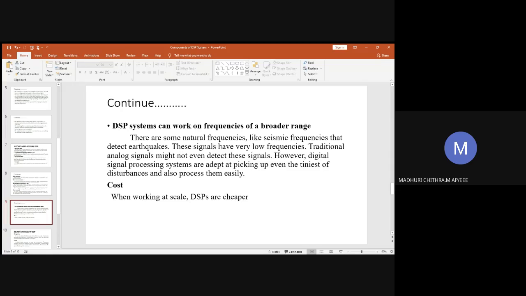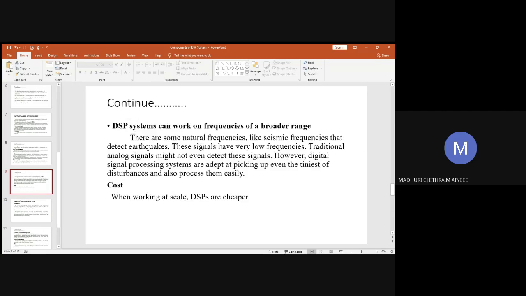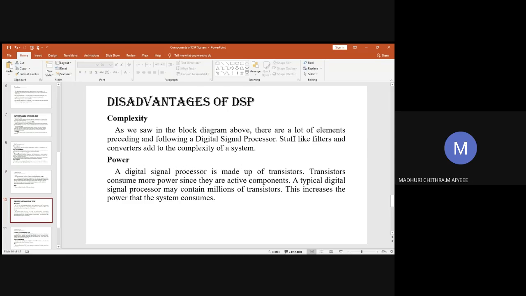Next, cost. When working at scale, DSPs are cheaper. So cost-wise, it is one of the advantages of using this system. Next, what are the disadvantages? By using DSP, what disadvantages do we get? That is complexity.